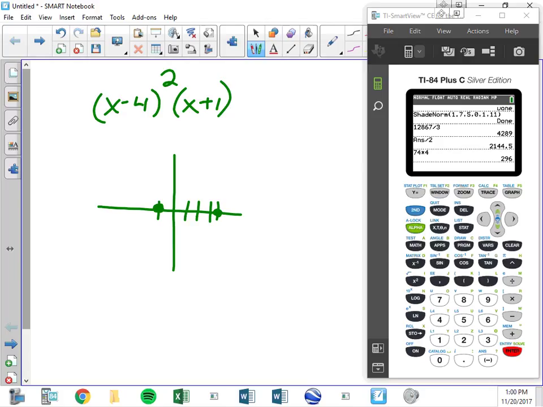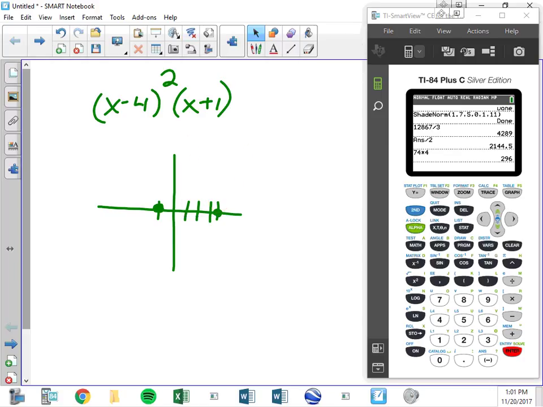How do you hit negative 4 twice or positive 4 twice? You bounce off that number. So if I had a parabola that has 2 roots, and those roots are getting closer together, and now those 2 roots have become 1 root. So it's sort of like a double root.